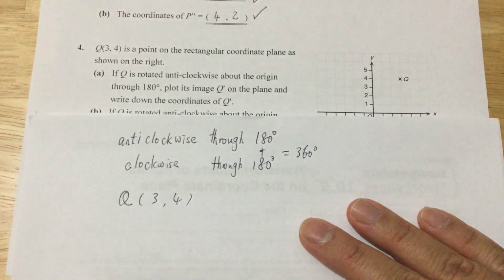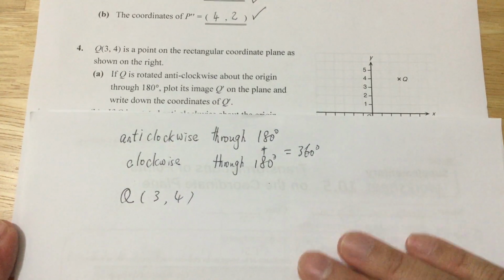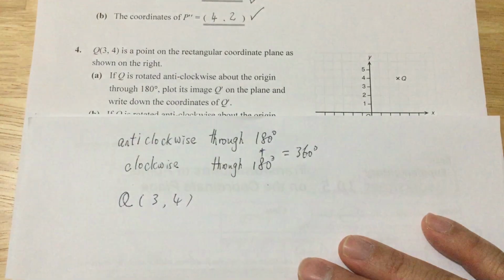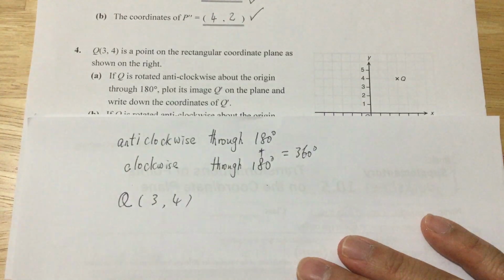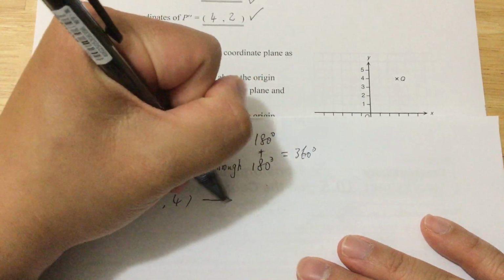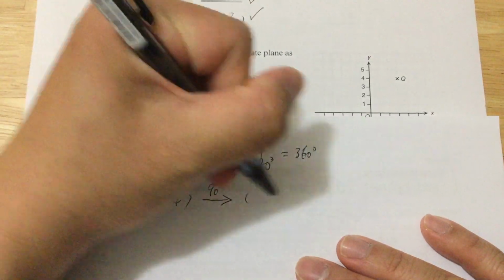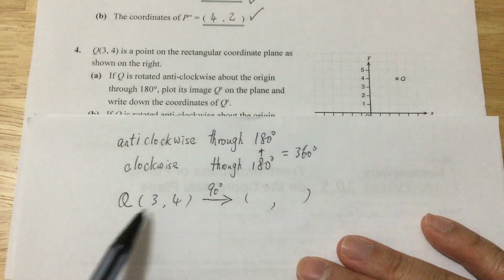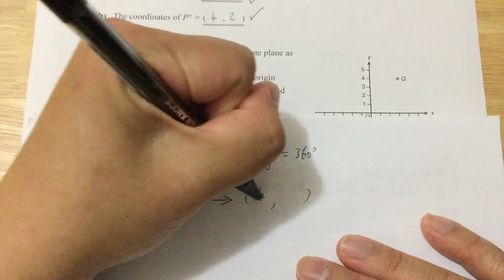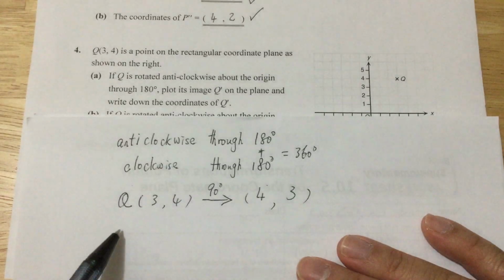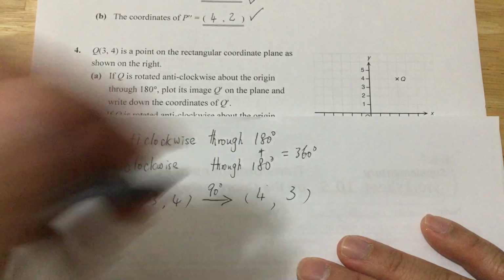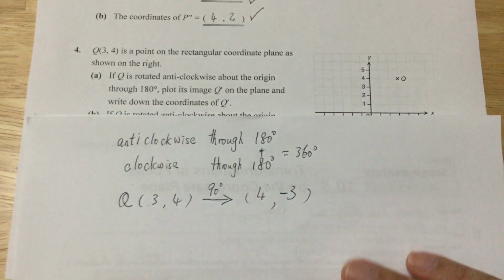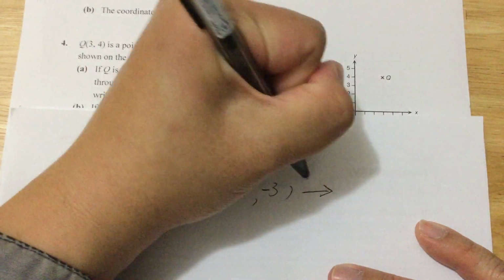Okay, let us write down the coordinate first before we draw it. Okay, now Q(3, 4). And then next, after 90 degrees, we interchange these two numbers. That means we write down 4 and 3. Next, we will add the negative side for the y coordinate. So we have (4, -3). And then once again, we have the 90 degrees.